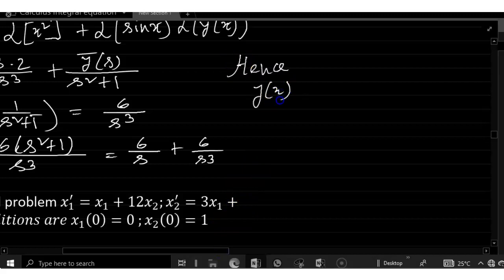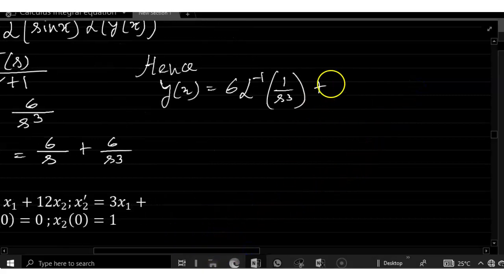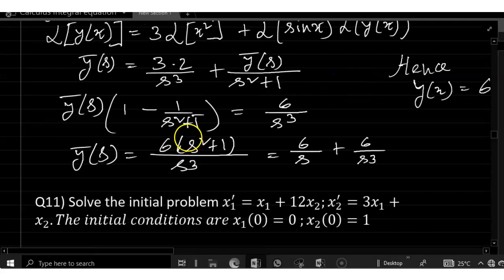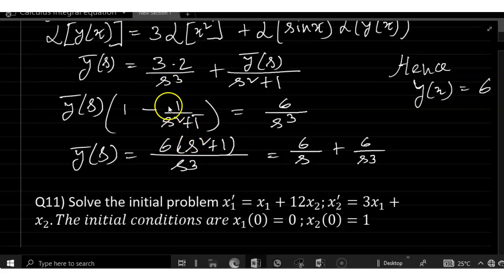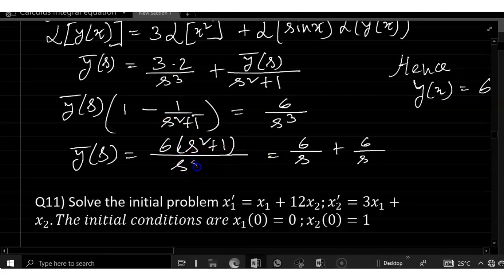Hence y(x) equals 6 into L inverse of 1/s^5 plus 6 into L inverse of 1/s^3. It should be, there is some mistake, it is s to the power 5. So it is 6 x to the power 5 and 6 x cube.